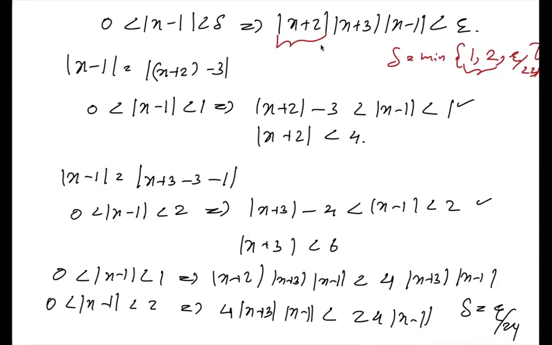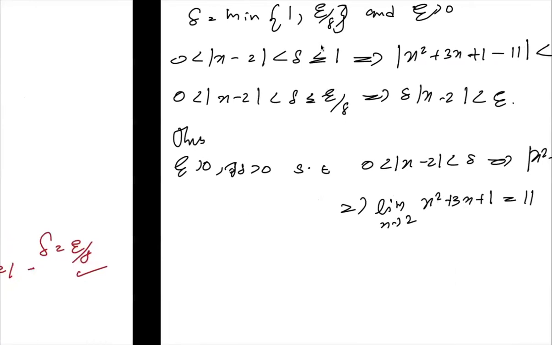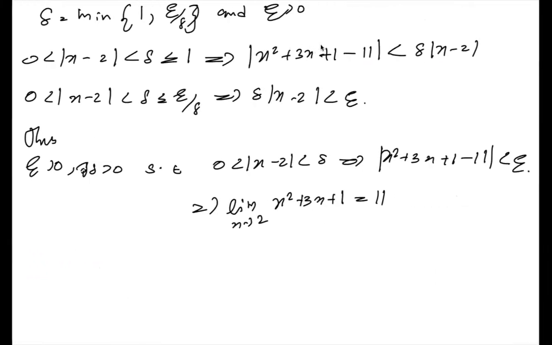That's the problem. Why is delta less than or equal to 1, and epsilon over 8, considered instead of equal to those? The thing is, when you have to consider multiple deltas, for example, if my delta is 1, then 0 less than absolute value of x minus 2 less than 1, if I put 1 here instead of delta, I can get this condition.